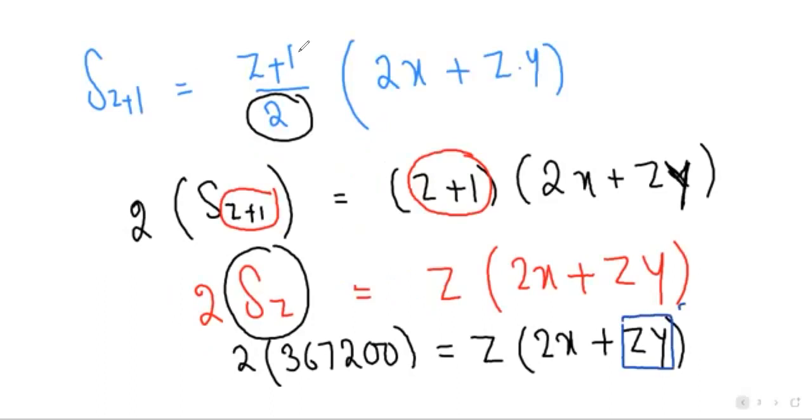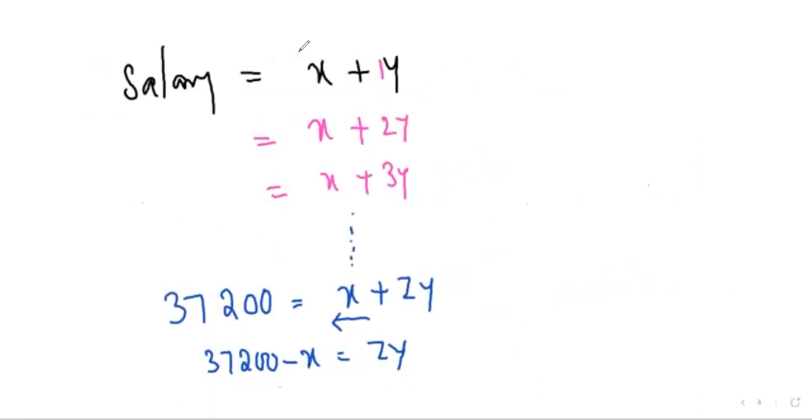So it is 37,200 minus x. So if you multiply 2 with this one, we are expecting 734,400.